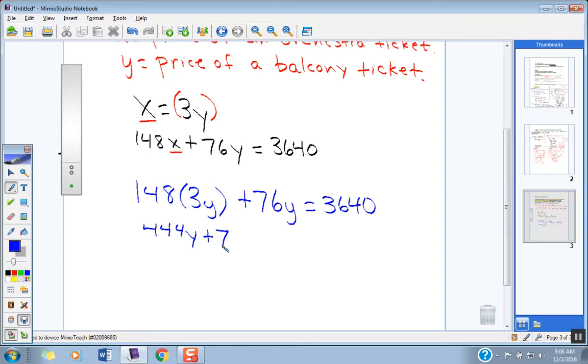Plus 76y now equals 3,640. What are you going to add to both sides? Or what are you going to combine? I guess that should be the better question. When we combine the y's, guys? 520.